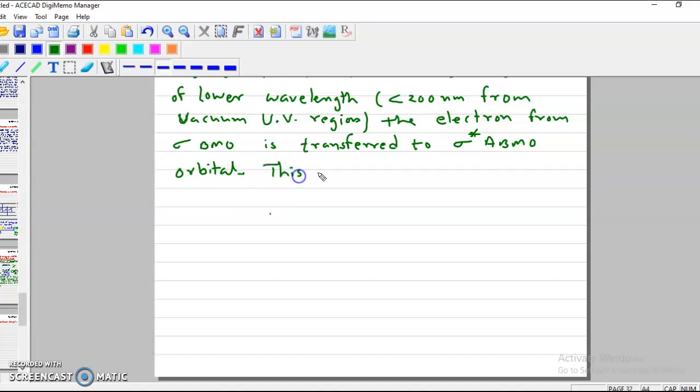This is known as sigma to sigma star transition.